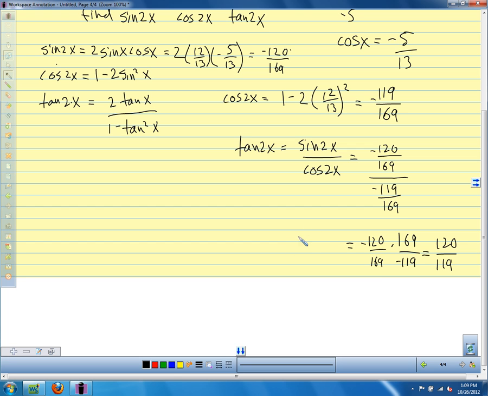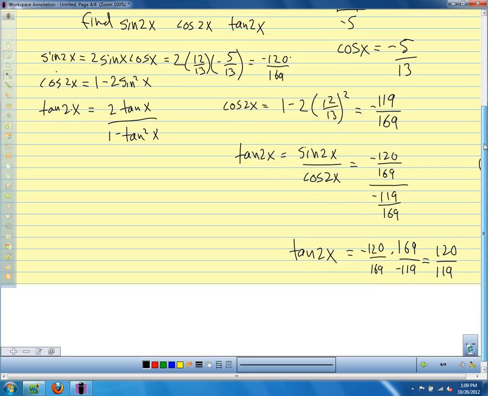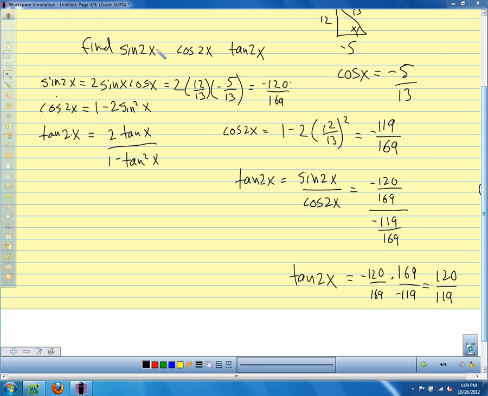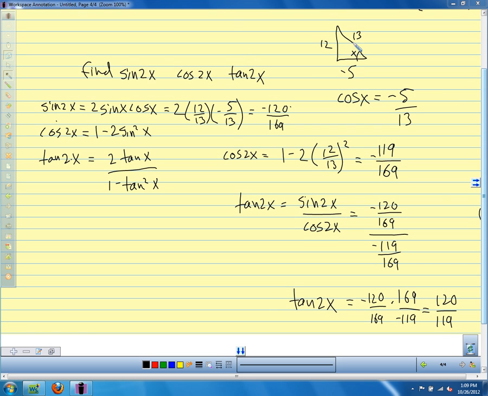So that's the tangent of 2x. And that's what our problem asks us to find. The sine of 2x, the cosine of 2x, and the tangent of 2x. We used our right triangle and a couple of identities.